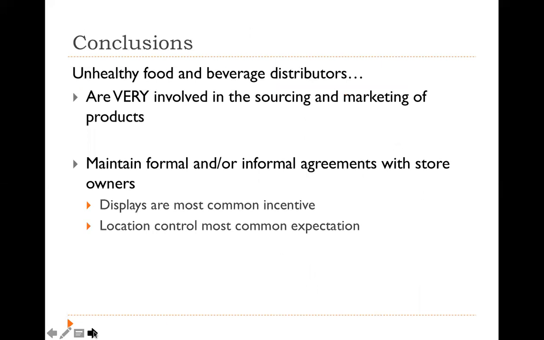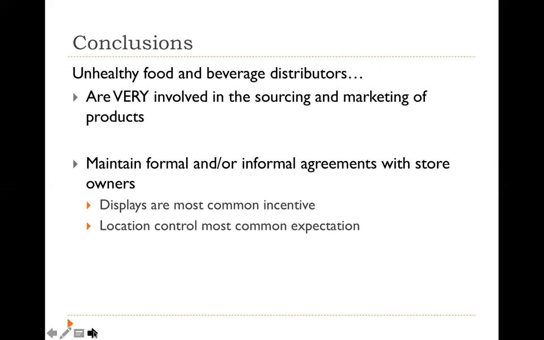In pulling this all together, Joel highlighted some of the recommendations and the thoughts that we had for future work as we went through these findings. I think our results really highlight that for the food and beverage distributors of these products are really involved in the sourcing and marketing of products. To some extent, the retailers don't necessarily see that as a bad thing.